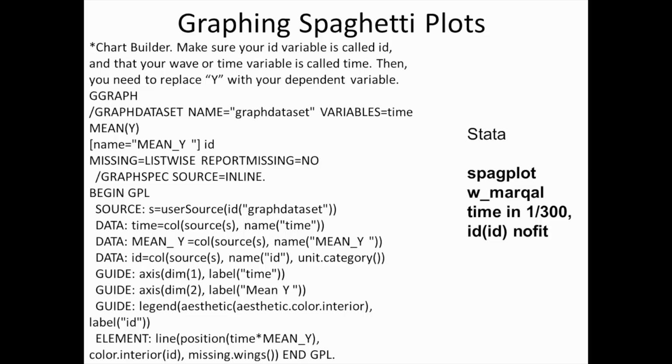You'd also need to make sure that the ID variable is the same, and your wave or time variable is called time. In that Stata command, we have wife's marital quality, w_maritalquality, with time and ID. So you need to make sure that these things match up in your data set, and then you should be able to run them. And once you do that, you get something that looks like this.